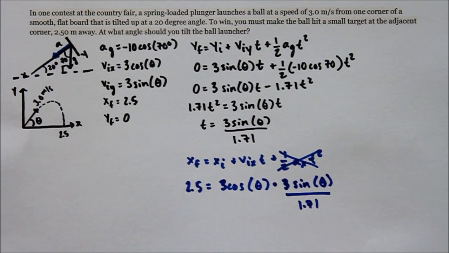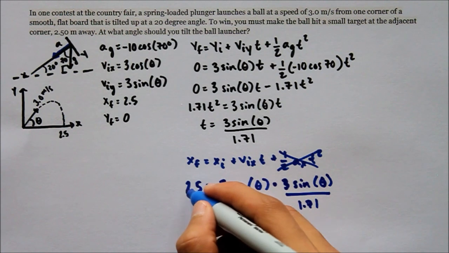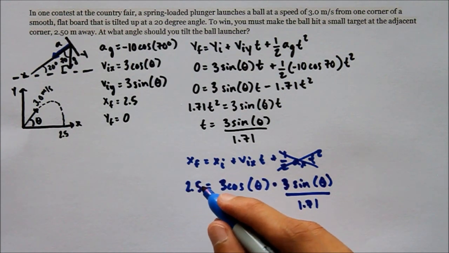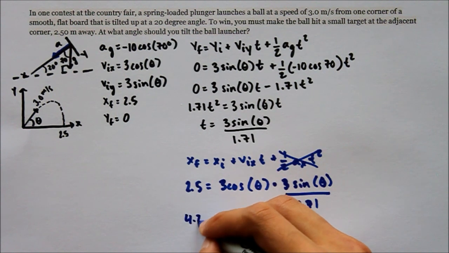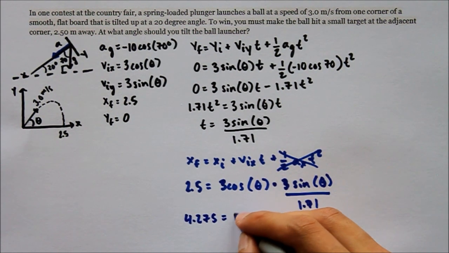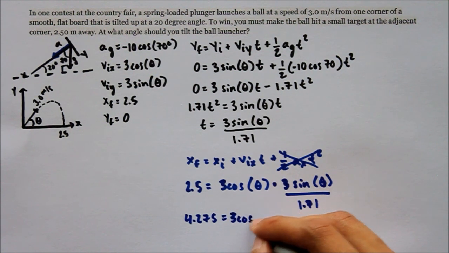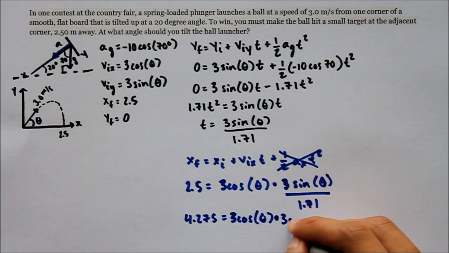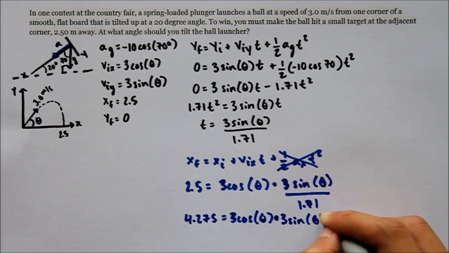Now I'm just going to simplify this out, so I'm going to multiply by 1.71 over there. So I'm going to be left with 4.275 equals 3 cosine theta multiplied by 3 sine theta.